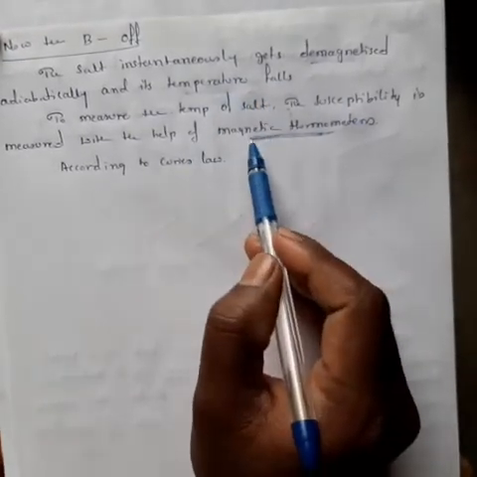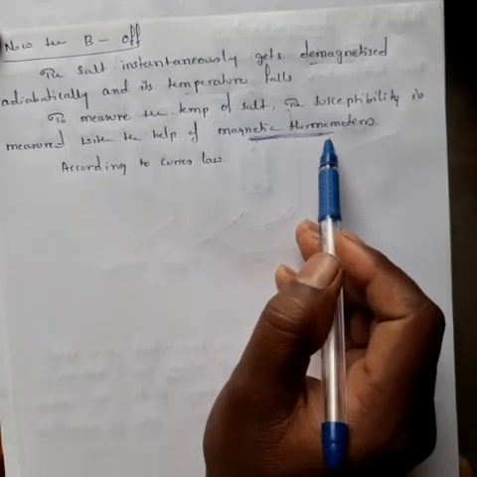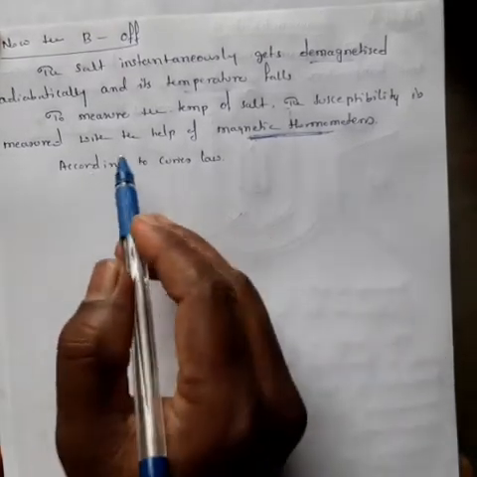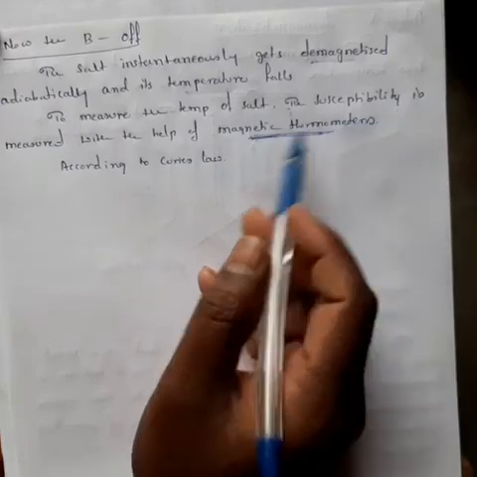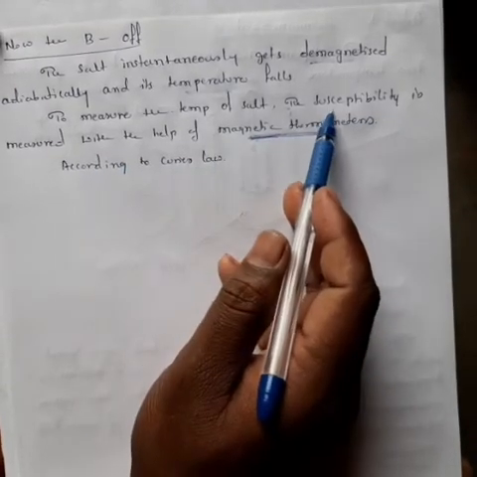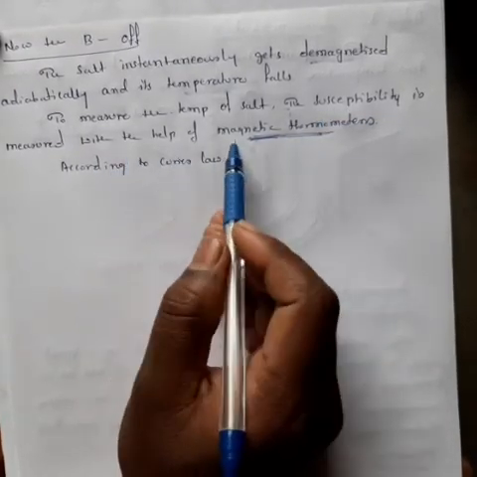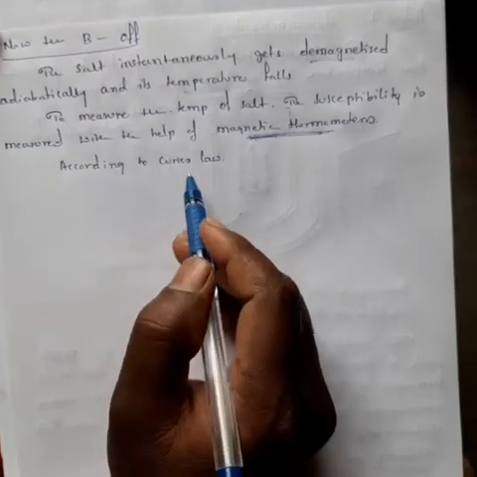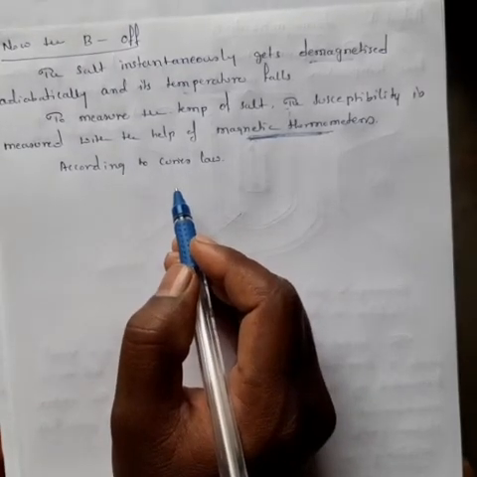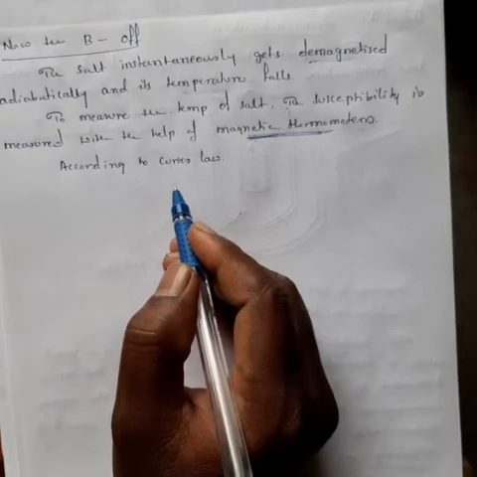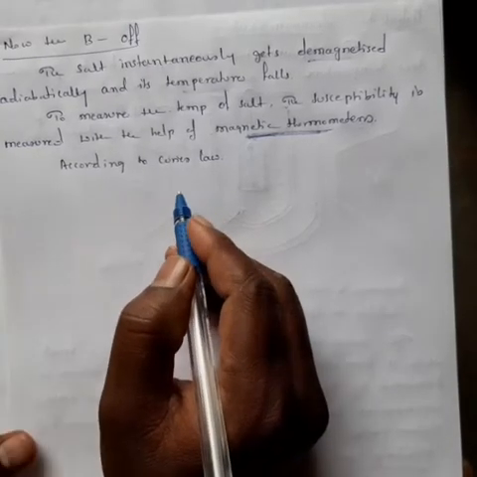To measure the temperature of the salt, the susceptibility is measured with the help of magnetic thermometers. According to Curie's law, we are going to observe an expression.